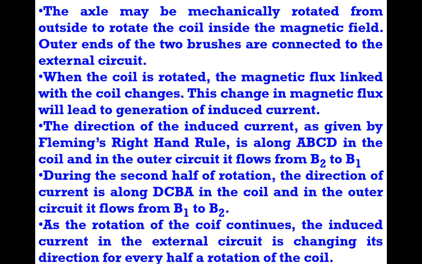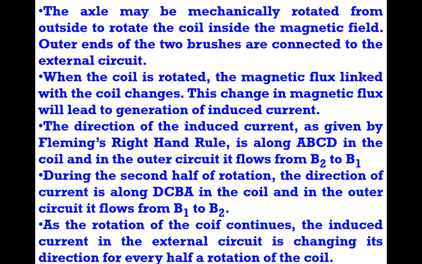When the coil is rotated, the magnetic flux linked with the coil changes. This change in magnetic flux will lead to generation of induced current. The direction of the induced current as given by Fleming's right-hand rule is along ABCD in the coil, and in the outer circuit it flows from B2 to B1.